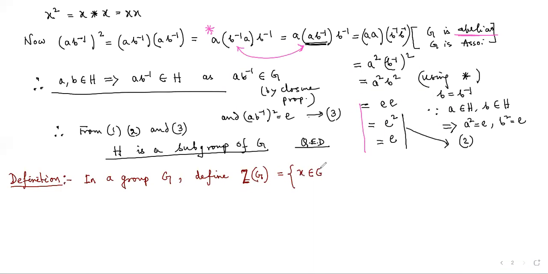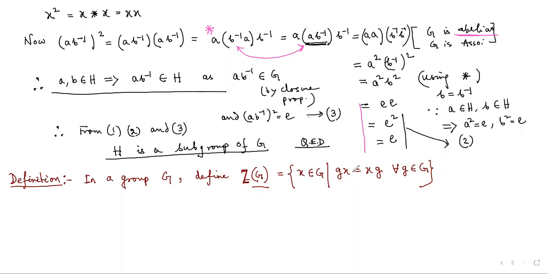We consider all the elements of G inside it such that gx and xg commute with each other for all g belonging to capital G. So I am considering only those elements of capital G inside ZG which, when taken as a mutual pair, commute with each other.